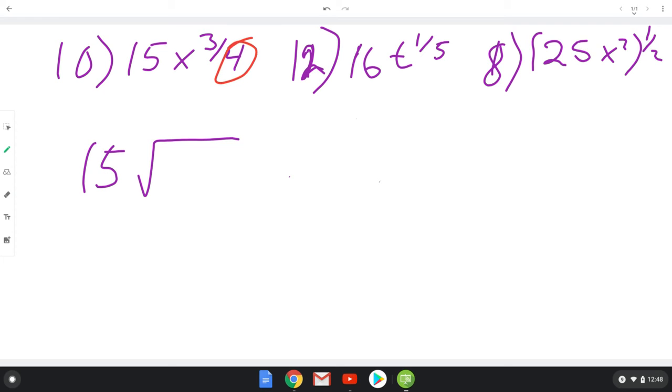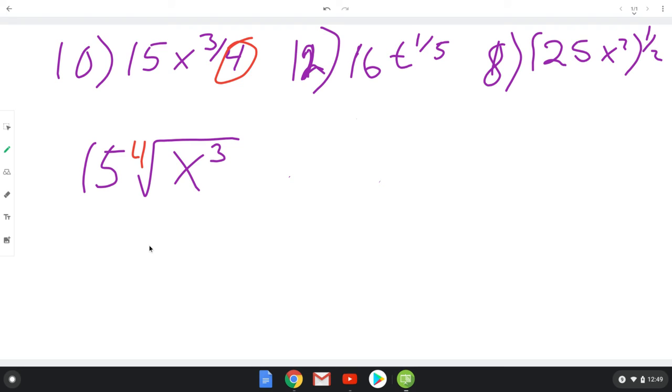So this denominator, the 4, is going to go here. It becomes the index, and then the numerator stays as the power. So if you're asked to rewrite in radical form, this is what you're looking for. You want the denominator to become your index and the numerator to stay as the power. So this would be the answer to number 10.